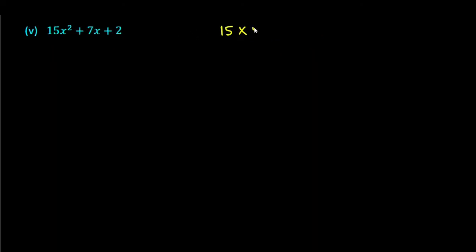So 15 into 2 is 30. We have to find the pair of factors of 30 whose product is 30 and whose sum is 7. m × n is 30, m + n is equal to 7.